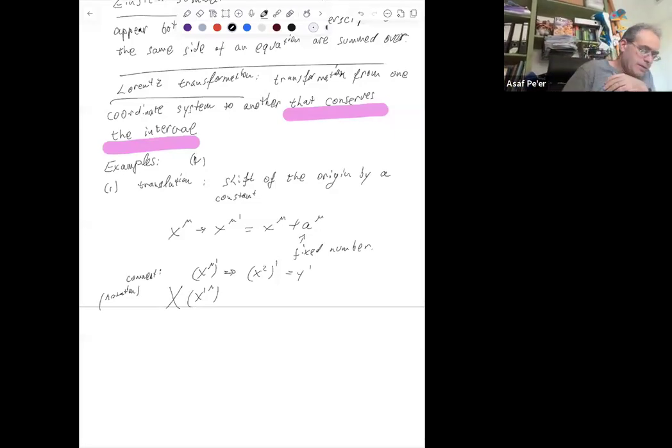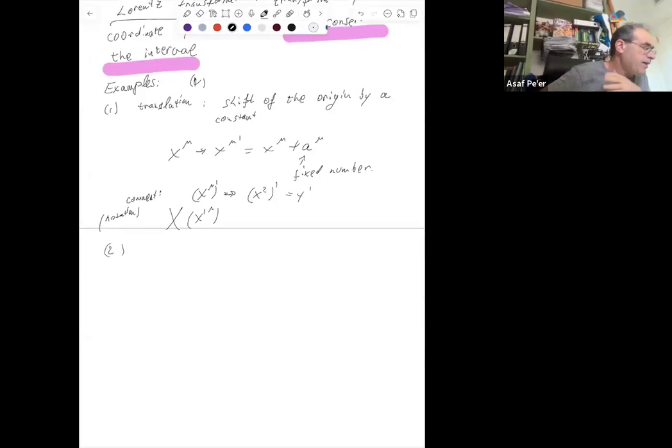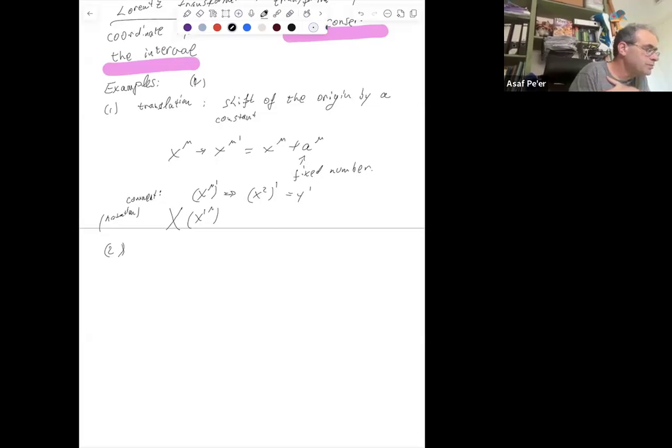Okay, so this is one transformation. The only other kind is a linear transformation. What else can we do?